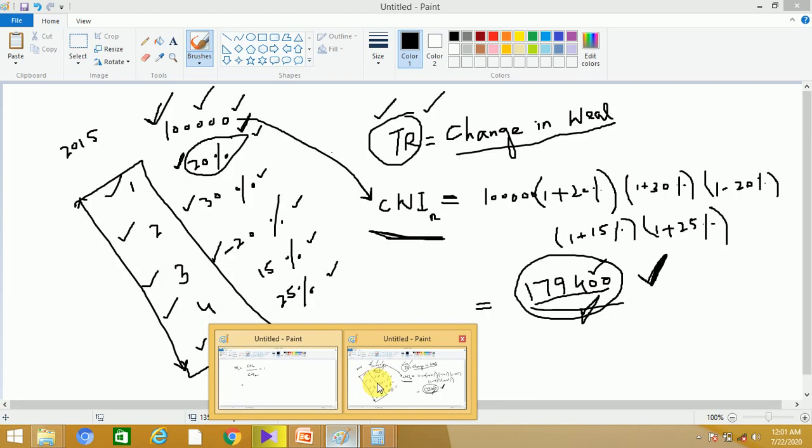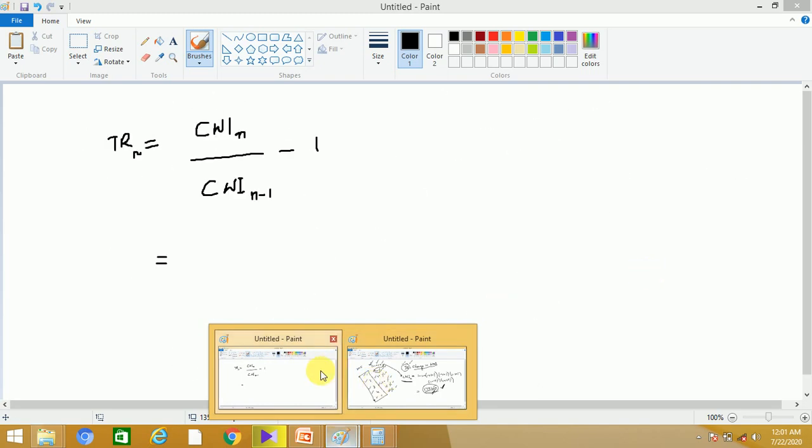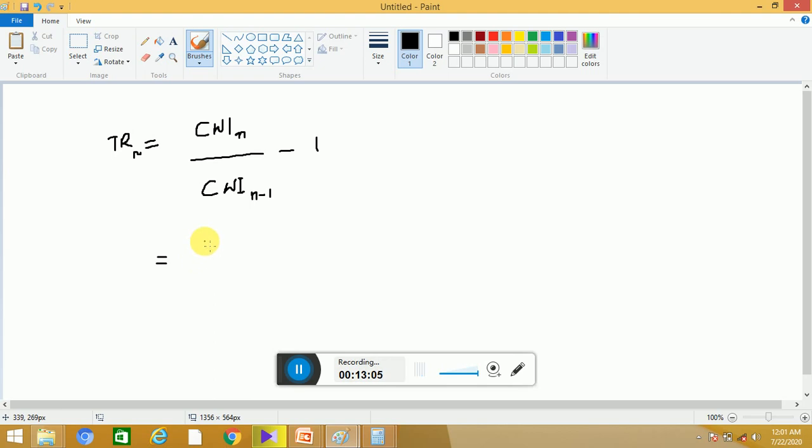It was 179,400 after 5 years. 179 and 400. What was the cumulative return?